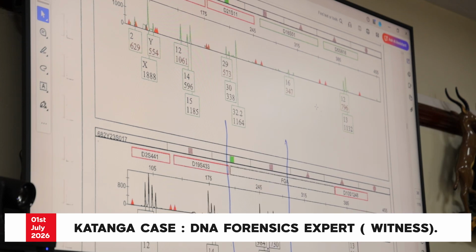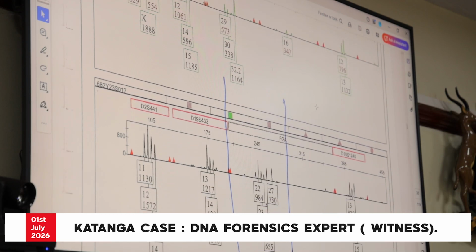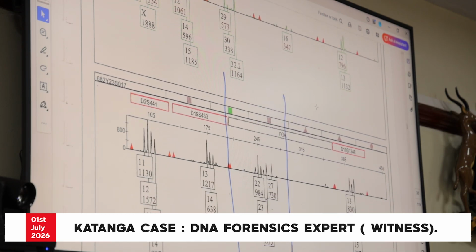But visually, who is the major profile here? It is not possible to determine a major if just visually looking at it. This 25 at FGA does not match any of the nominated individuals. And this piece of information is roughly similar to everything else. So there is no major profile in that result.